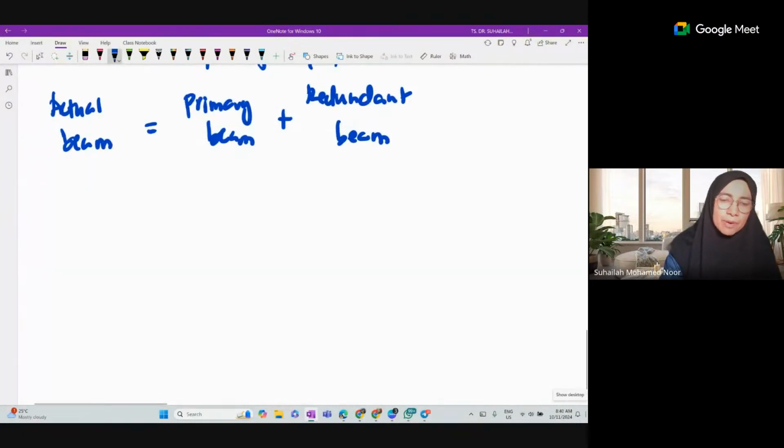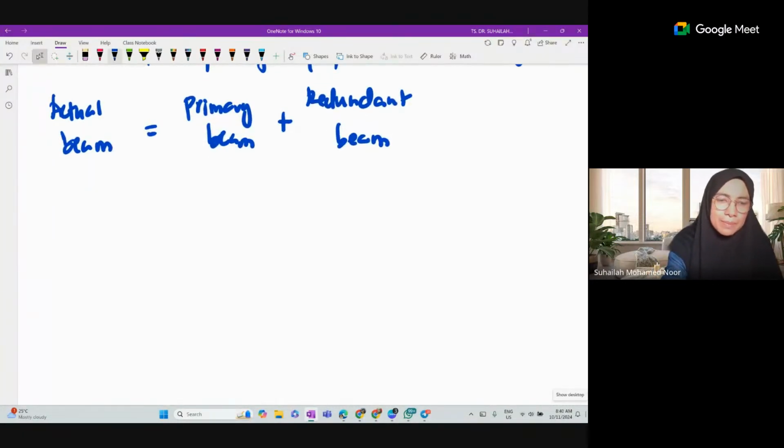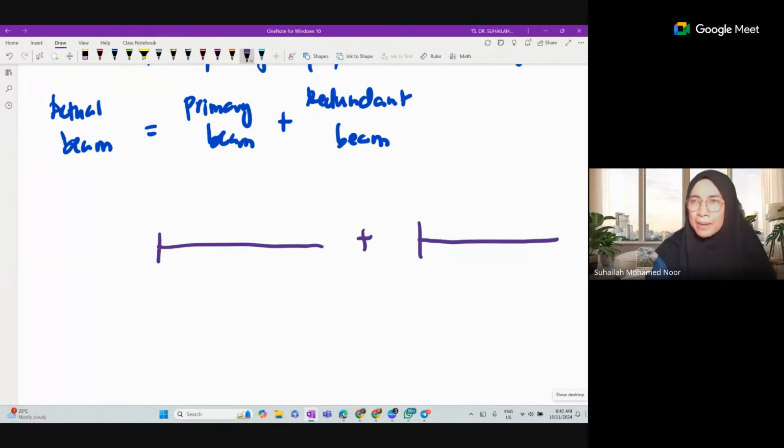The primary beam is a cantilever beam, and the redundant beam is also a cantilever beam. The loading remains in the primary beam because the only thing we remove is the redundant.